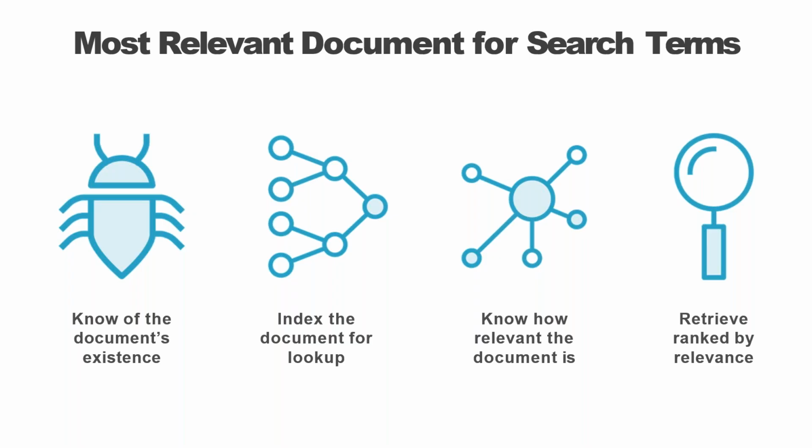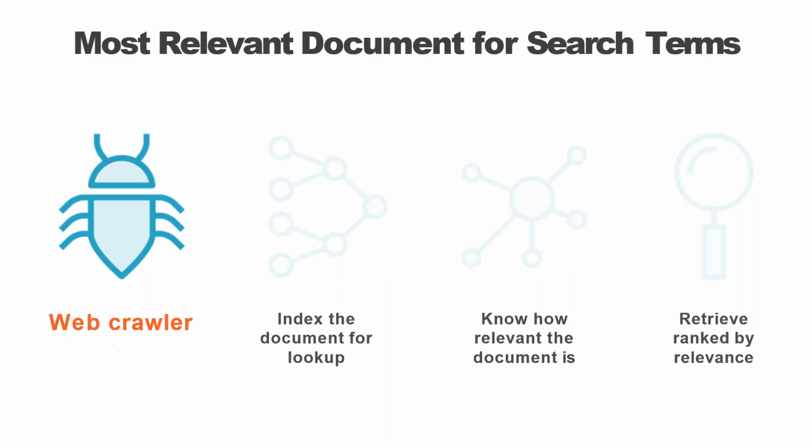Third, know how relevant the document is. And fourth, retrieve, ranked by relevance. First we have to identify whether the document exists, then index the document for lookup and store it, and then do the relevance score. So these are the 4 steps.